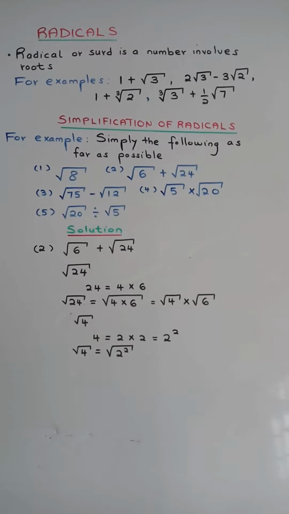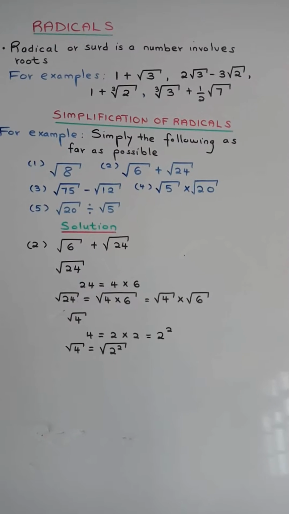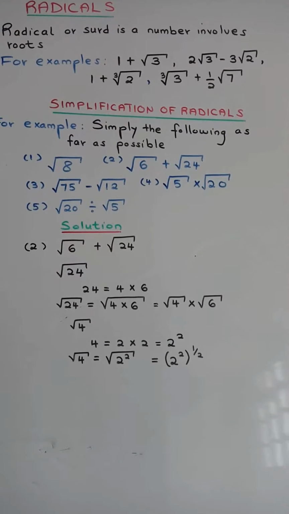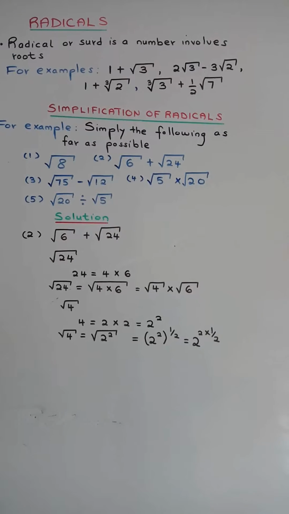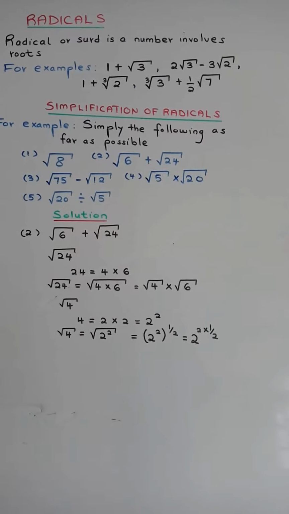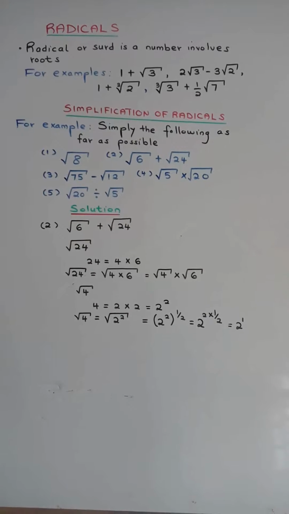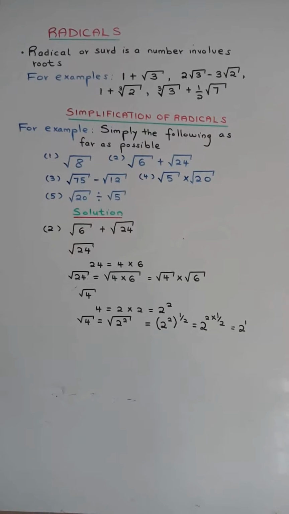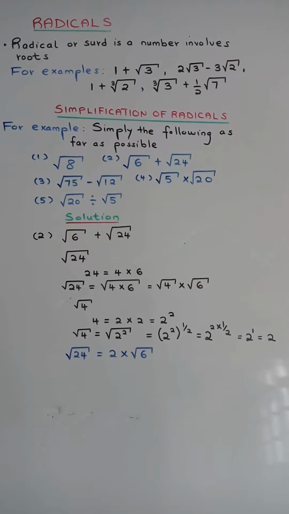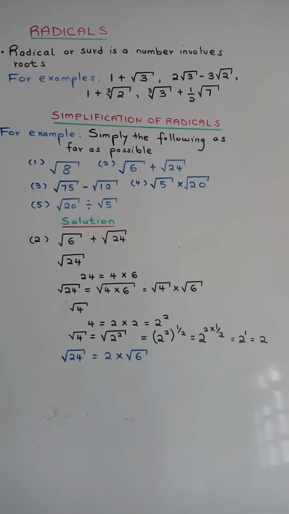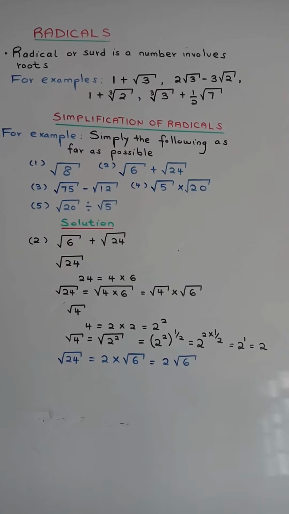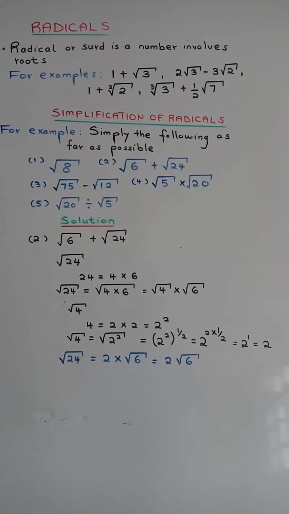So radical 4 is equal to radical 2 squared, which is equal to 2 squared raised to a half, which is equal to 2 raised to 2 times a half, which is equal to 2 raised to 1, which is equal to 2. Radical 24 is equal to 2 times radical 6, which is 2 radical 6.